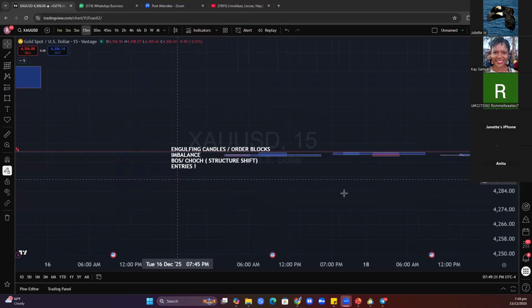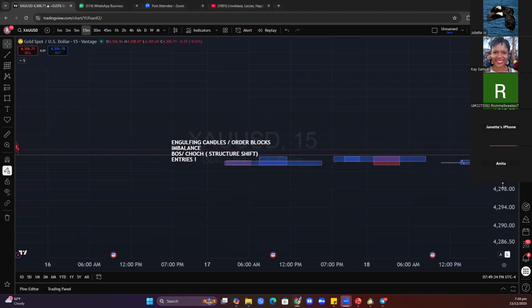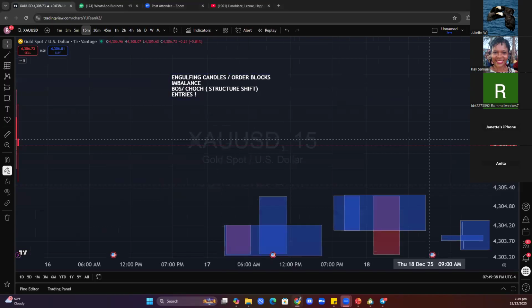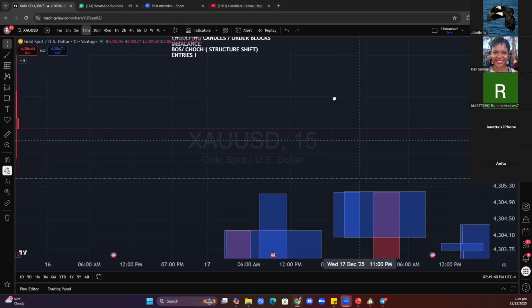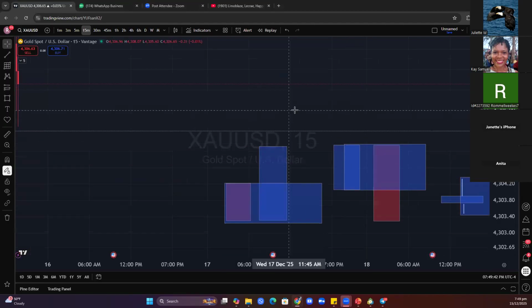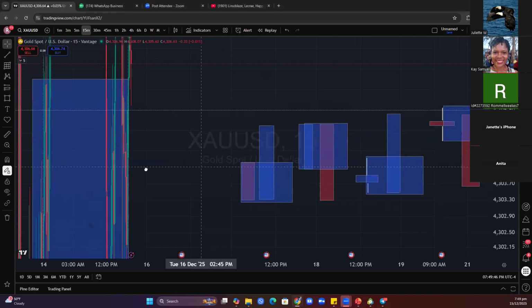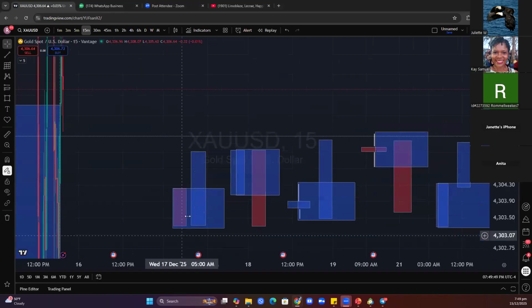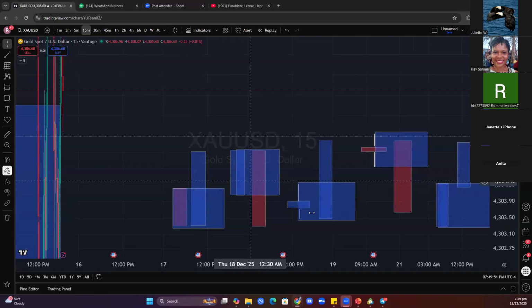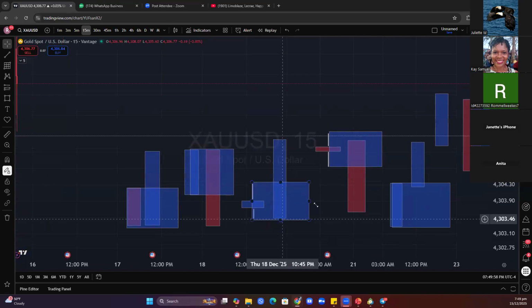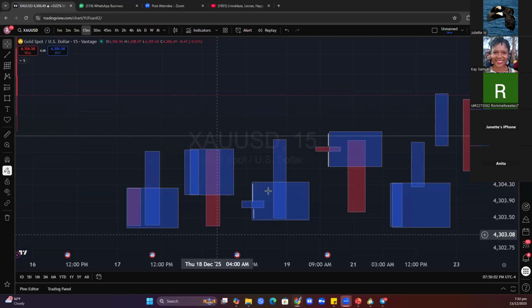Remember we spoke about engulfing candles and order blocks, so basically the two tie into one another. So this area, order block, order block, order block, order block. It's how you identify your areas or potential areas of entry.